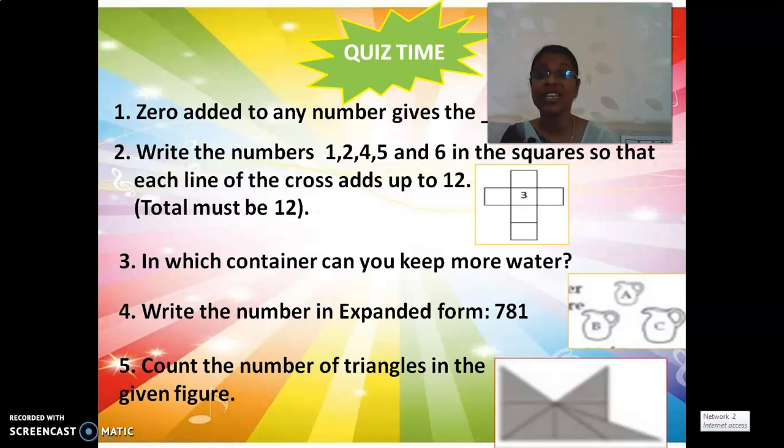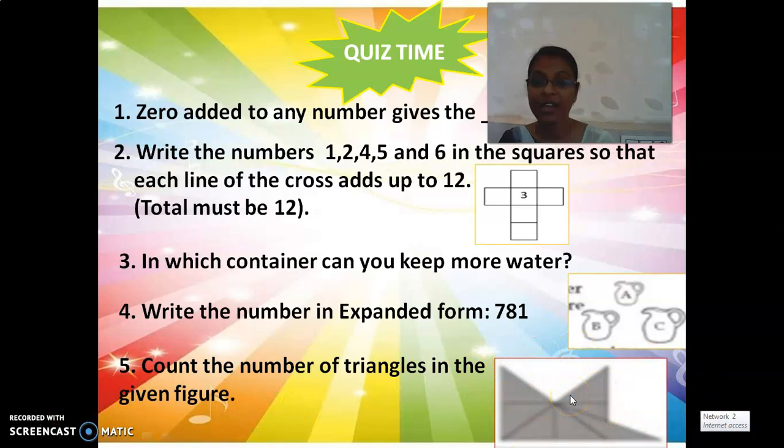A triangle consists of 3 sides. Here there are 3 different triangles in different shapes. You have to count the number of triangles in the given figure.